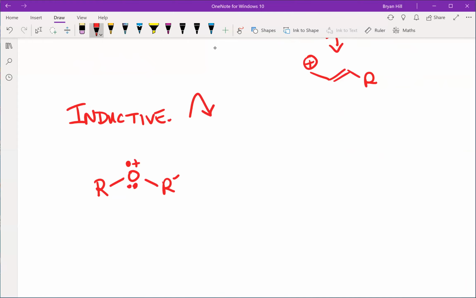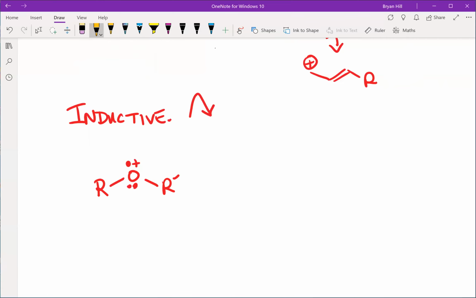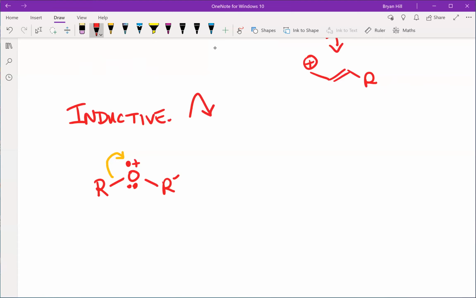But in the inductive type of cleavage, rather than moving fishhook arrows around, what we're going to do is move the electrons in a sigma bond to the positive charge. So in the case of oxygen, it's an electronegative atom. Why wouldn't it want those two electrons, right? So in a fragmentation pattern like this, R just lost those two electrons, so it has a positive charge.